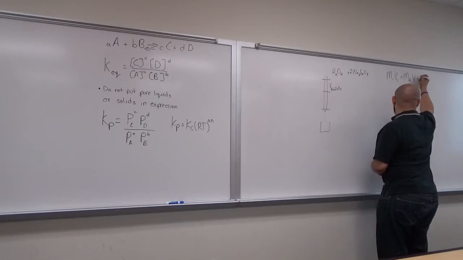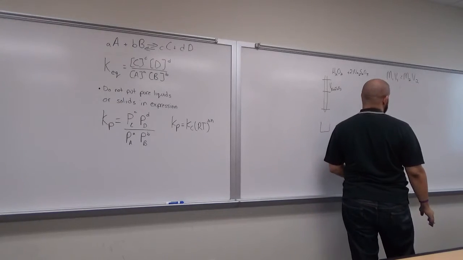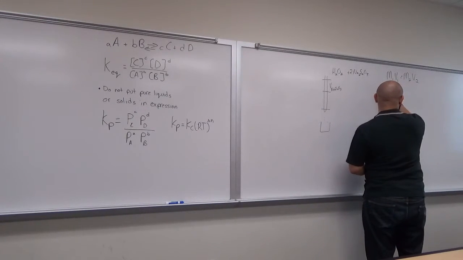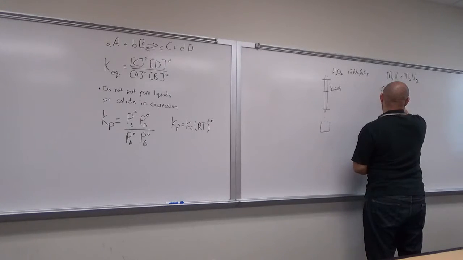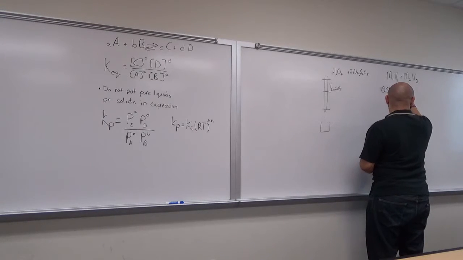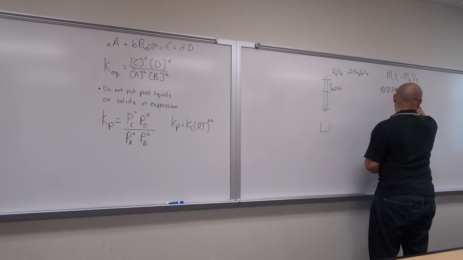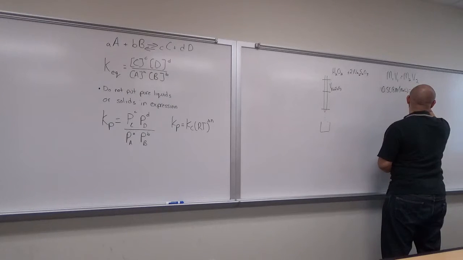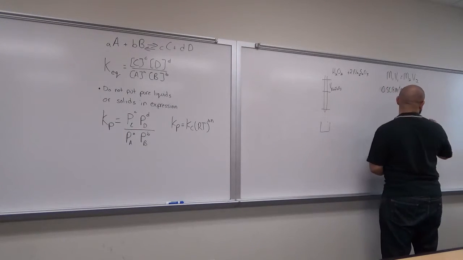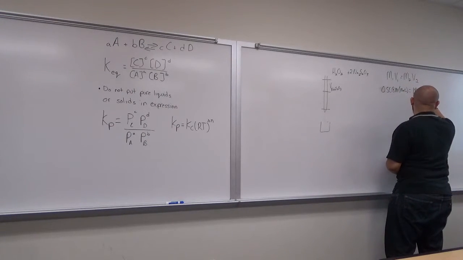I really hope they're doing that in Gen Chem 1. If not, I need to talk to people. Okay, so M1 is 0.508. V1 is 10 mils. M2, which is what I calculated for you, is unknown, and V2 is 150 mils.